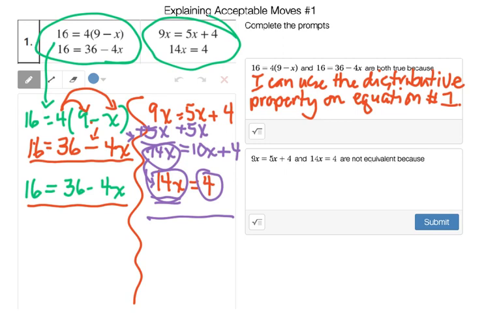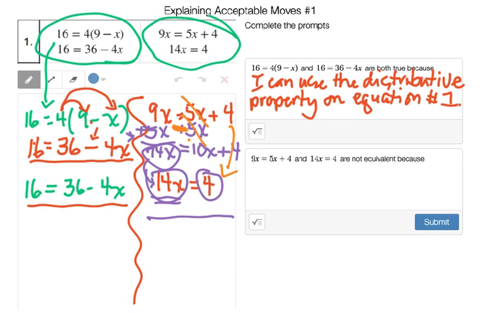I ended up with 14x on the left and only 4 on the right. So what they did was they subtracted 5x, because 5x take away 5x becomes 0, which leaves me definitely with 4. However, they didn't do that on the left.